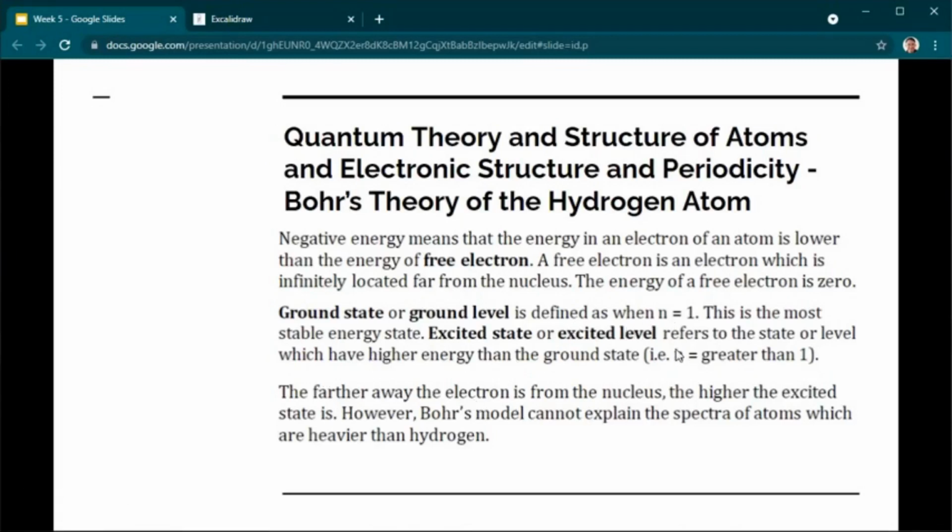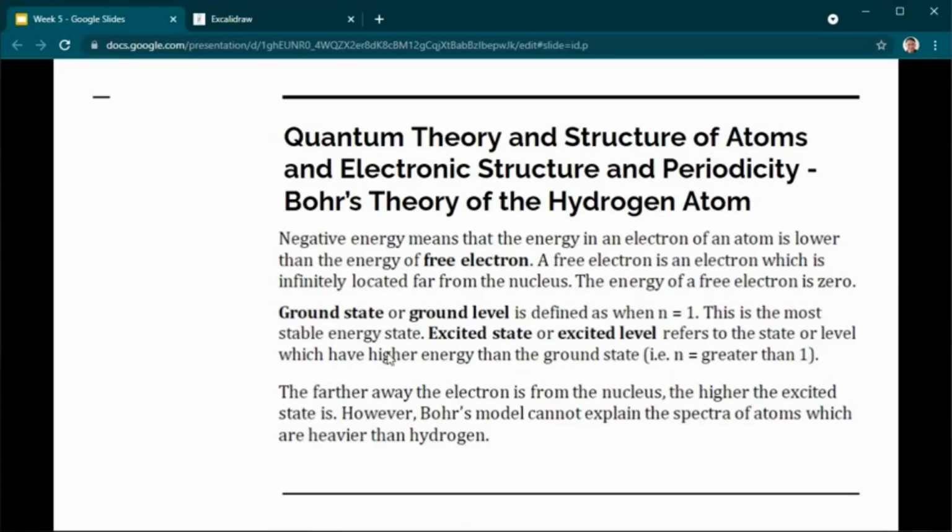Excited state or excited level refers to the state or level which has higher energy than the ground state, that is, the quantum levels greater than 1. So n is equal to 2, n is equal to 3, and so on. It is said to have higher energy because it is farther from the nucleus, the pull of the nucleus is weaker, so the energy needed to pull those electrons is less.